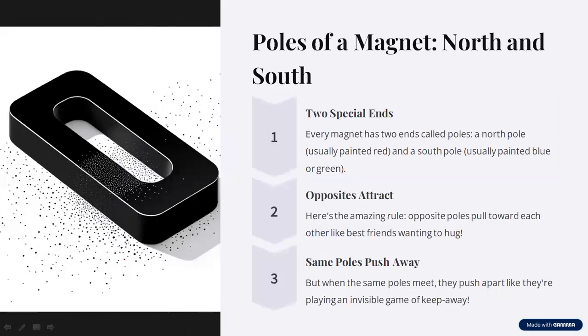Now we already have a permanent magnet with us. So what are the parts of a magnet? Magnets generally have two special ends. They are known as poles. So every magnet has two ends called poles. A north pole, usually painted red. If you have a magnet in a lab or in a school, the North Pole will be painted red, and the South Pole is usually painted blue or green, right?